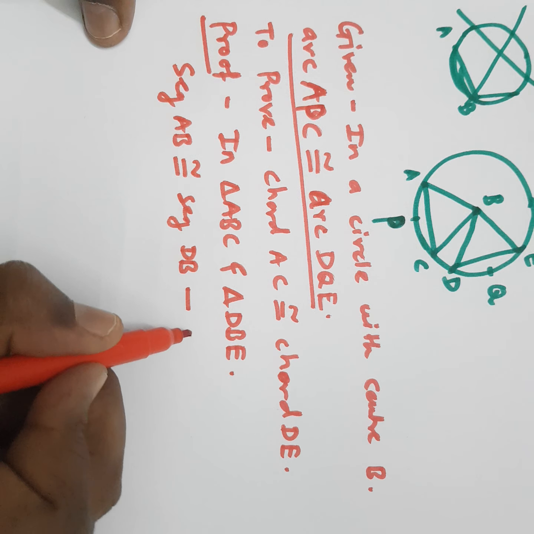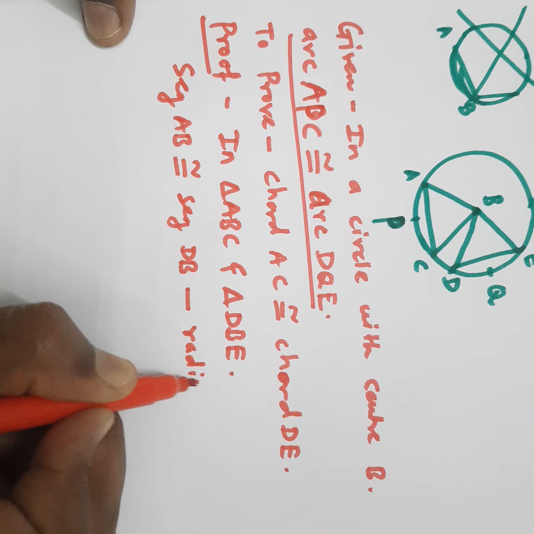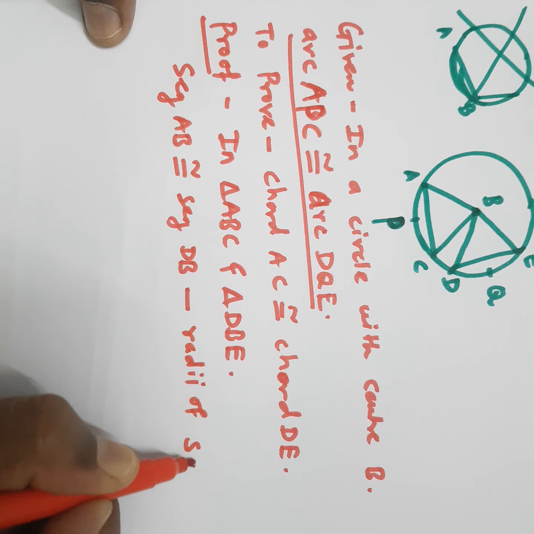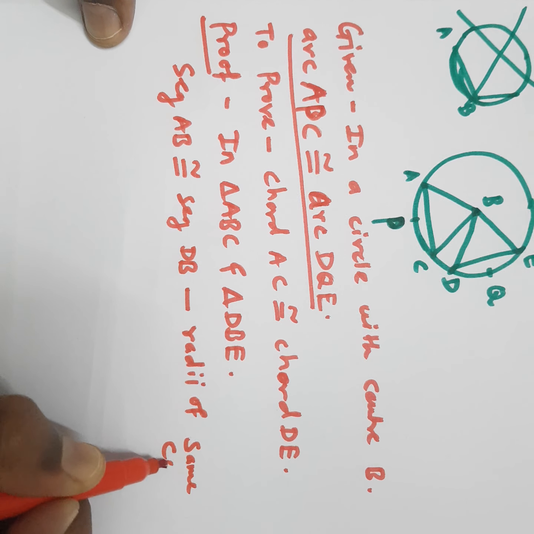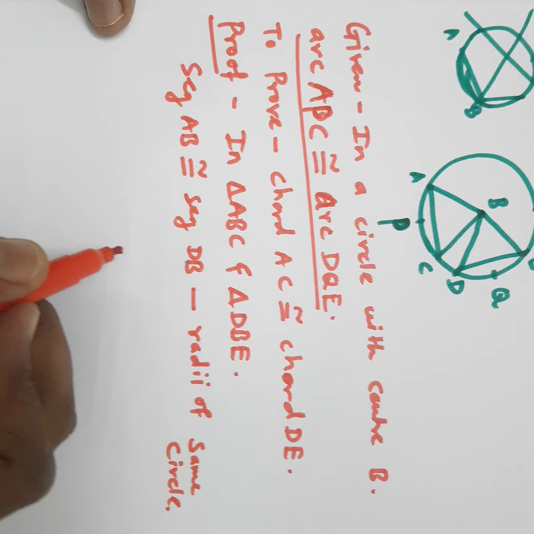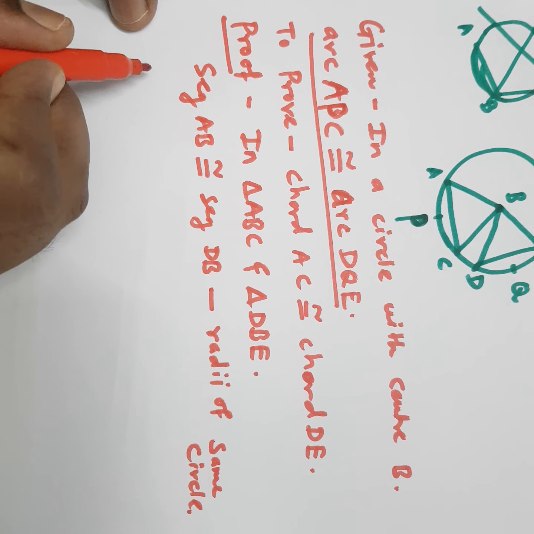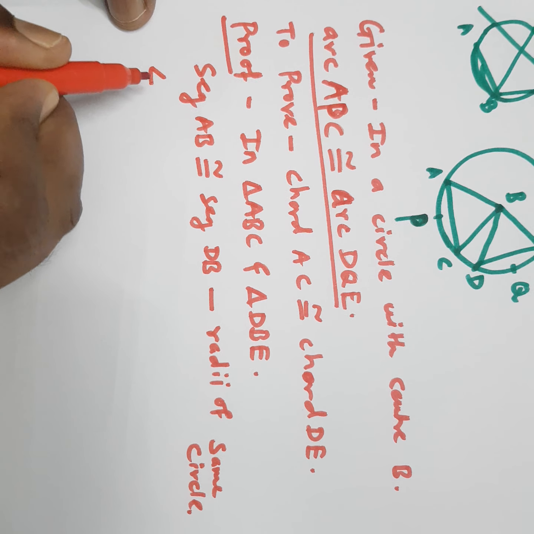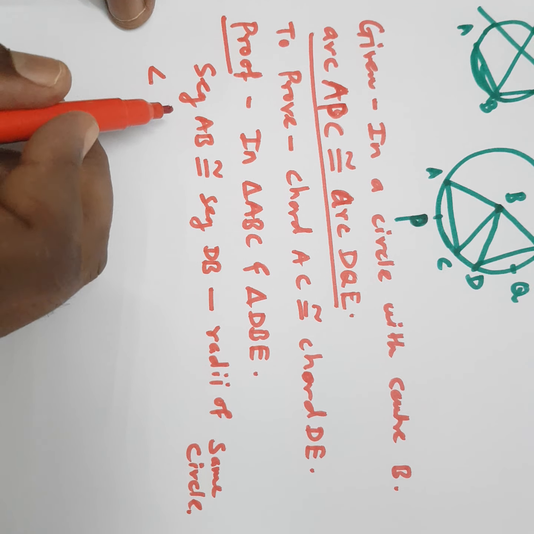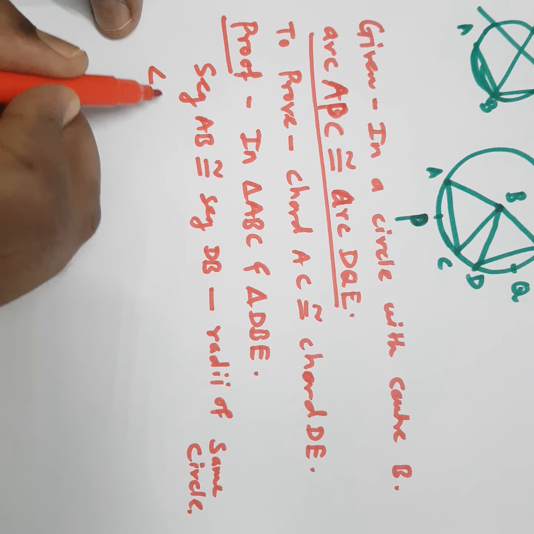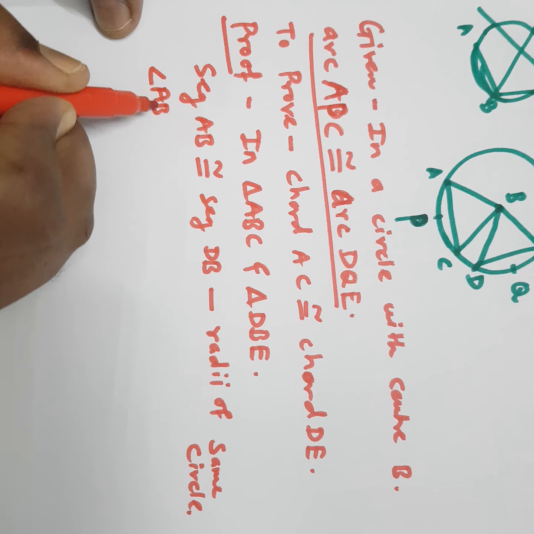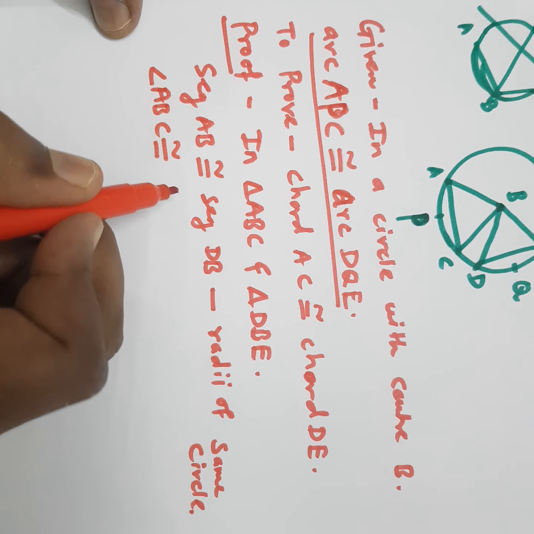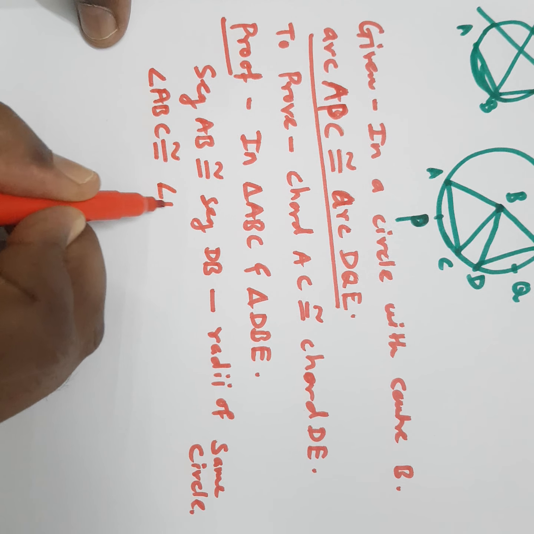What is the reason? Radii of the same circle. Then angle ABC congruent angle DBE.